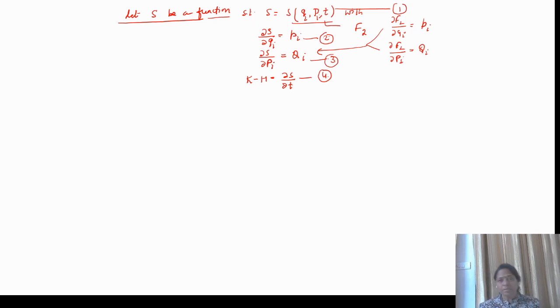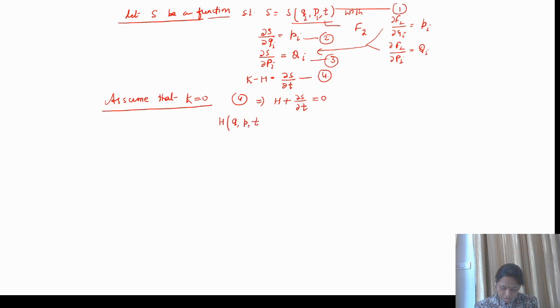Now, my purpose is to make K 0. I assume that K is 0. Then equation 4 will imply that H plus delta S by delta t is equal to 0. But your H involves q, p and time.